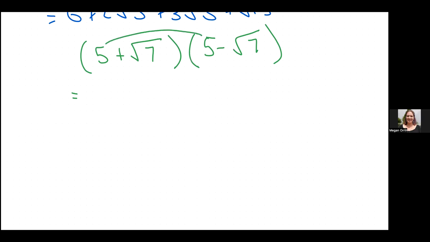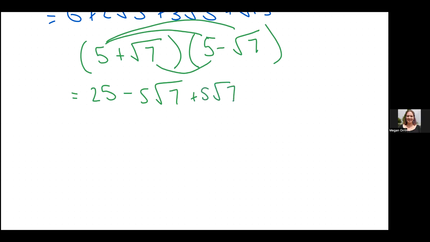So what do we get? 25, and this? 5 root 7. Sorry, negative, isn't it? You're right. Minus 5 root 7 plus 5 root 7. And this one? Minus 7, right? Well, root 7 times root 7 is 7, but there's one plus and one minus.